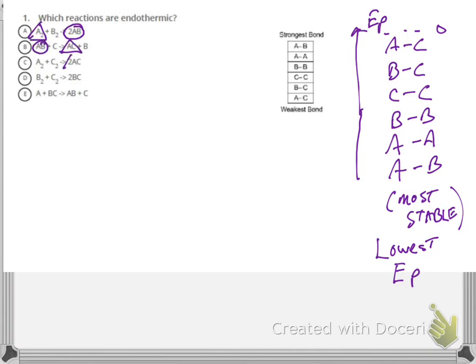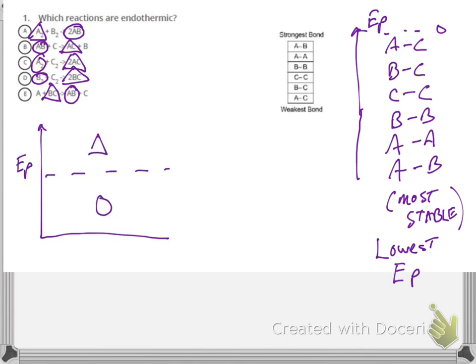If we do that for these reactions, we see that several of them have a circle as a product and others have a triangle. What we're looking for is if the triangle is above, meaning it is always going to be the highest potential energy, and the circle is going to be the lowest.